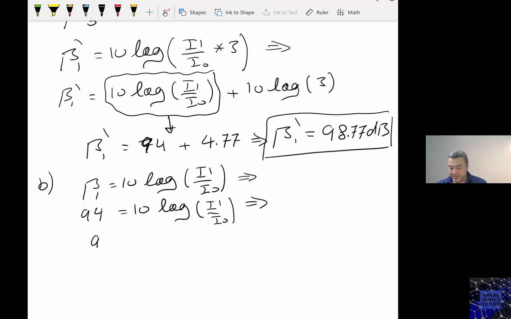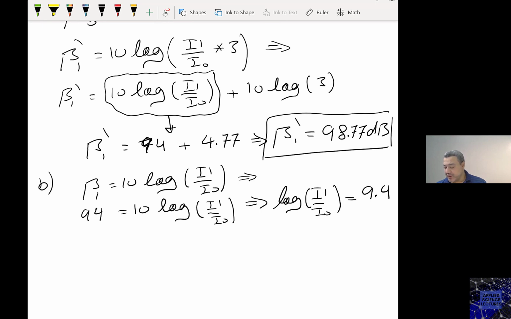Let me change and start with log I1 over I0. Then divide by 10, this becomes 9.4.